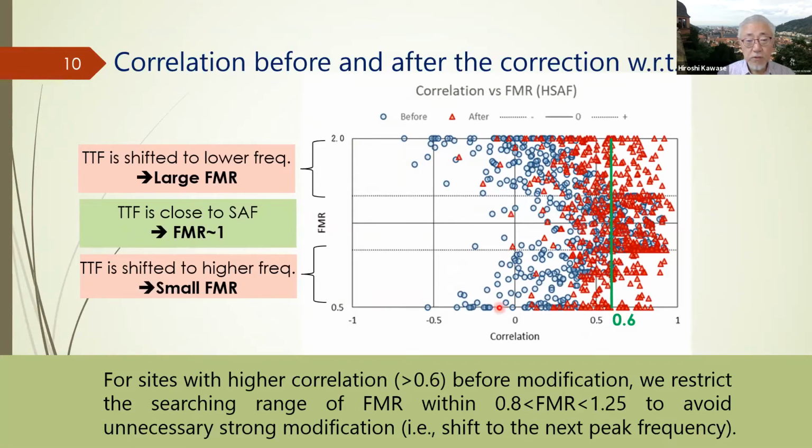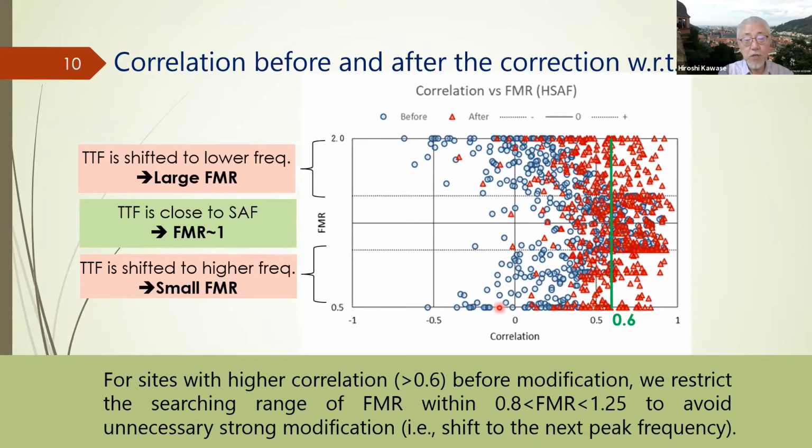This is an improvement of correlation before and after the correction with the frequency modification factor. When the correlation before the modification is higher than 0.6, then we restrict the searching range of FMR to 0.8 or higher and below 1.25 to avoid unnecessary strong modification.